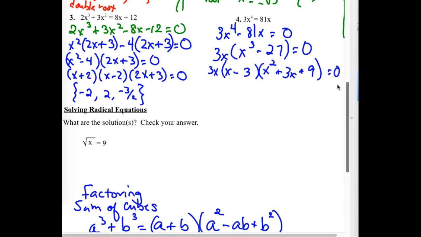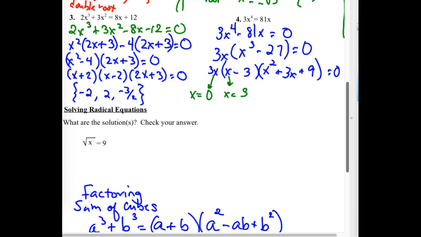What was the degree of this question? It was degree 4, so we should have 4 answers, right? The first answer is going to come from here: x could be 0. The second answer is going to come from this x: x could be 3. The other 2 answers are going to have to come from this quadratic, but it is not factorable.